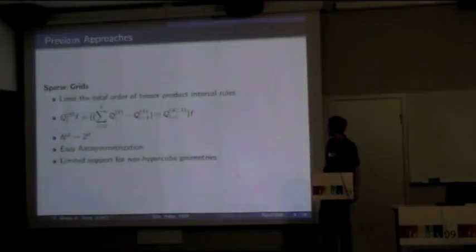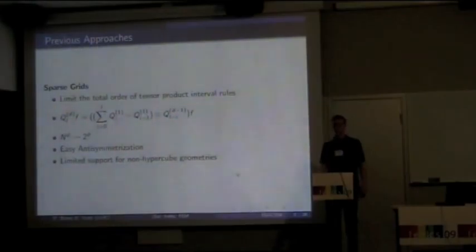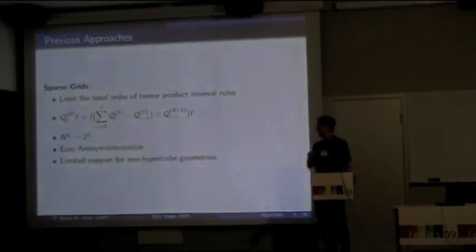And once again, spin. So a previous approach to this is what are known as sparse grid methods, where they essentially build basis functions in the hypercube such that the mixed order is kept to be exponentially dying.